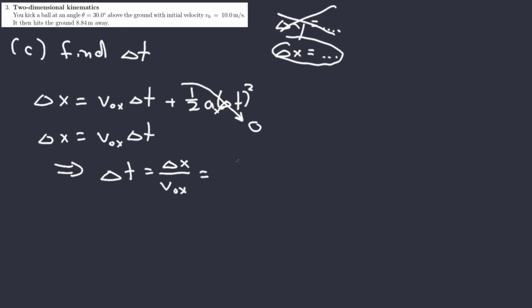So we have our delta x from the problem, 8.84 meters. And our v0x comes from the previous part, which is 8.66 meters per second. So the meters cancel, and this is inverse seconds, so we end up with seconds, so our units are okay.